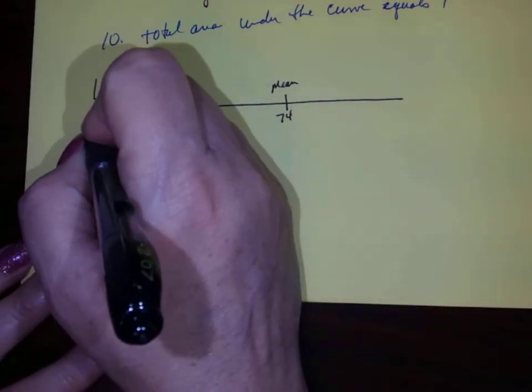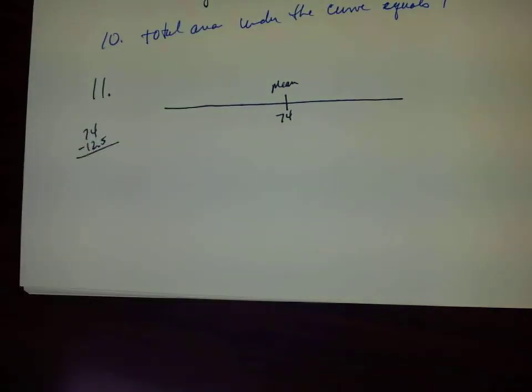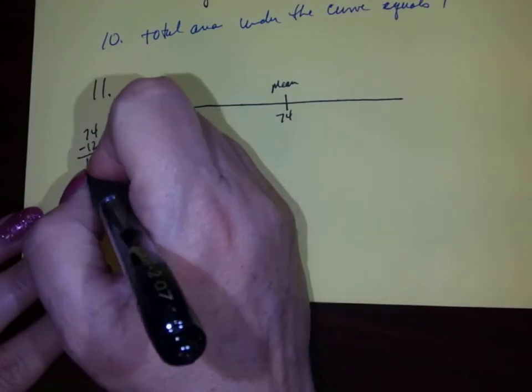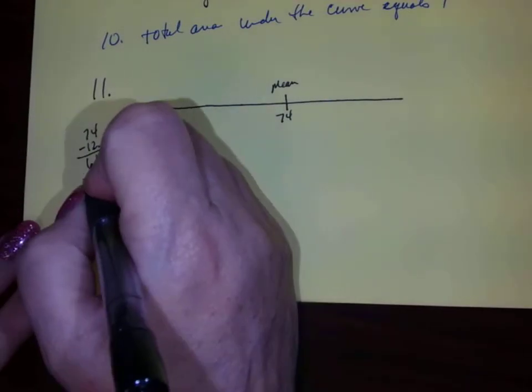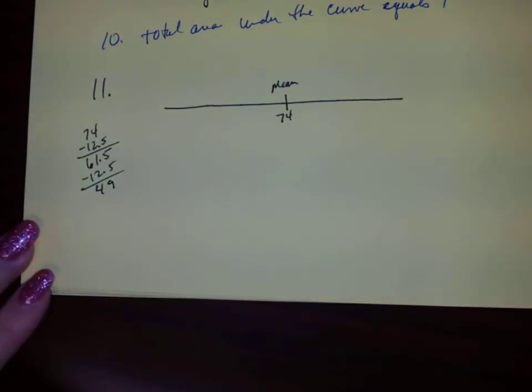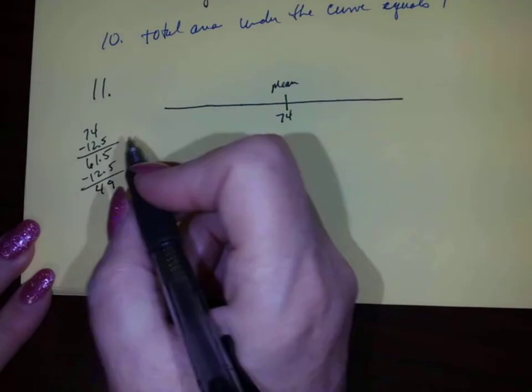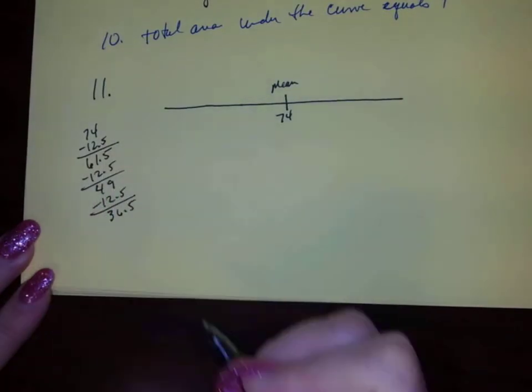So I'm going to take 74 minus 12.5, because I need to figure out where all my numbers lie. That'll get me 61.5. Minus another 12.5 will get me 49. And then minus another 12.5 will get me 36.5.